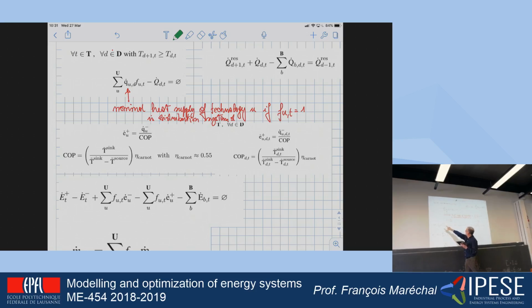And those temperatures here are the logarithmic mean temperatures that I'm going to multiply by a Carnot factor. The Carnot factor is representing the quality of the technology in the model. So I know that the technology will follow the rules of thermodynamics, meaning that the COP will be a function of the sink and the source mean temperatures.